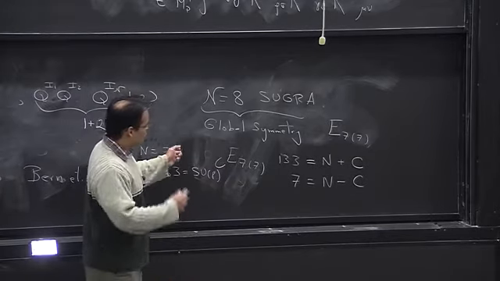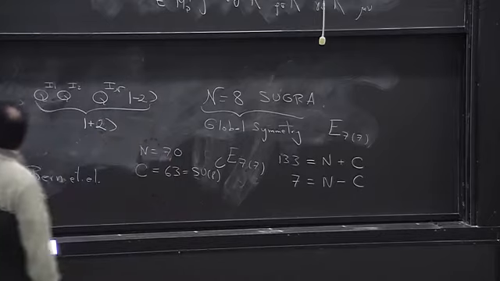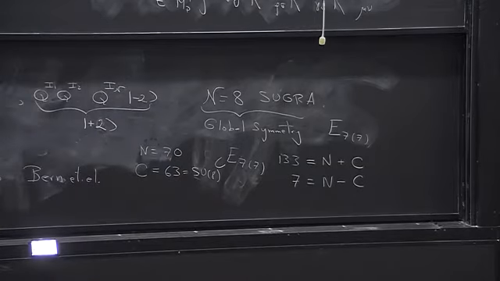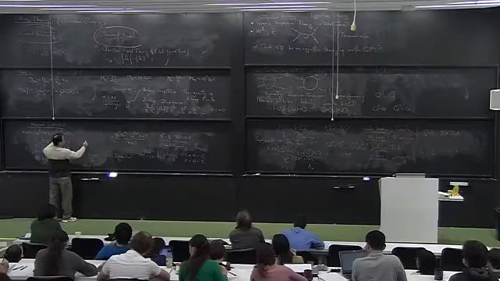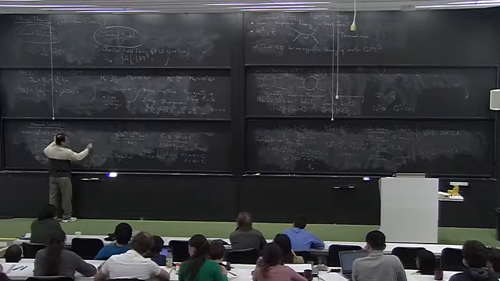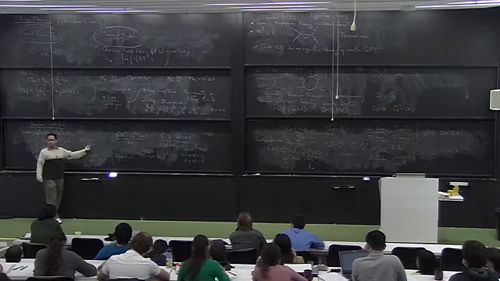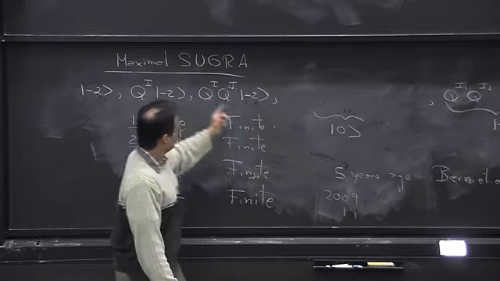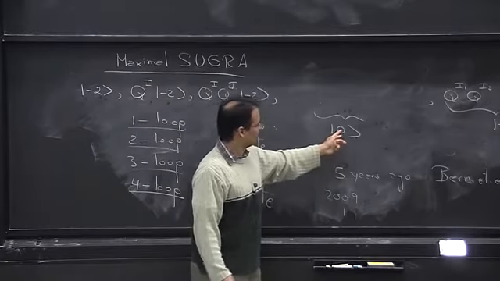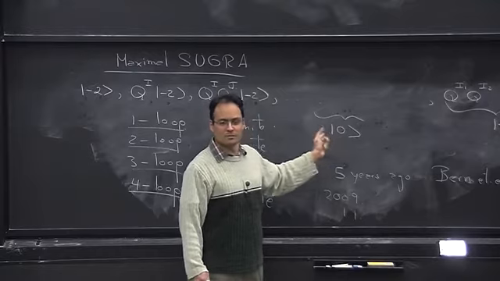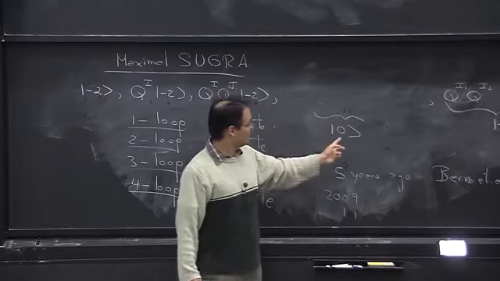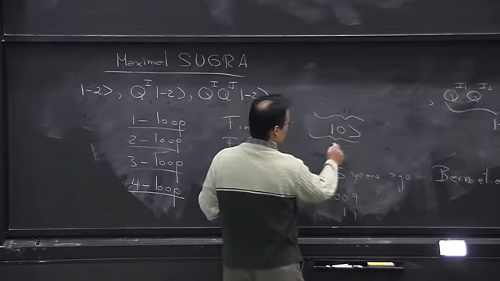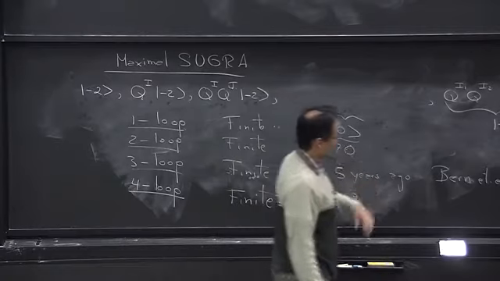And what are these 70 non-compact generators? Here is a nice exercise for you. Look at the scalars, helicity 0. Apply as many Qs as you need to go to helicity 0 and count how many different states you can generate. And the number you can generate is 70.